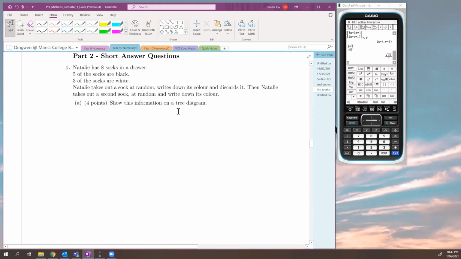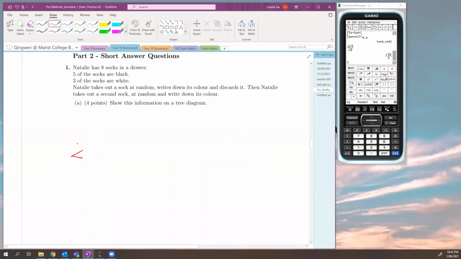All right, 8 socks. After Natalie has taken out a sock at random, she does not put it back in the bag when getting the second sock. So we could use a tree diagram.